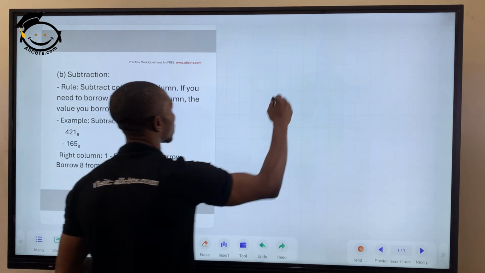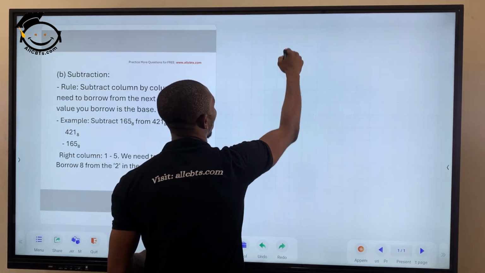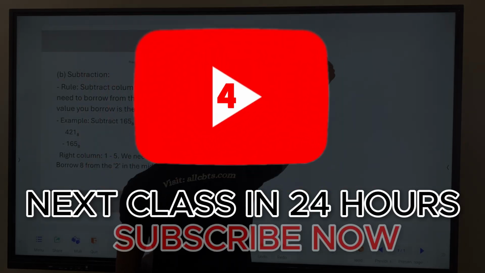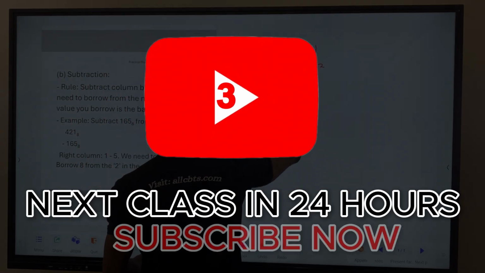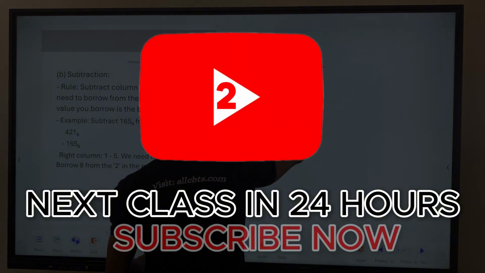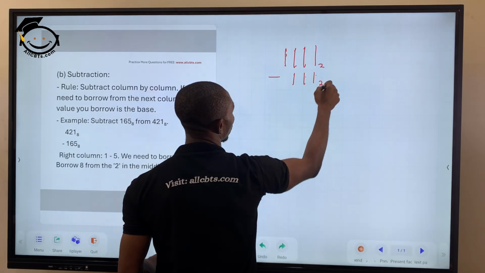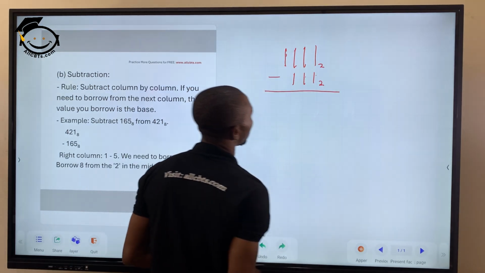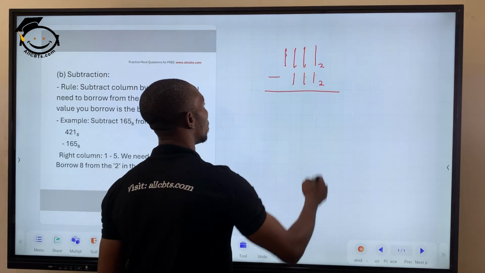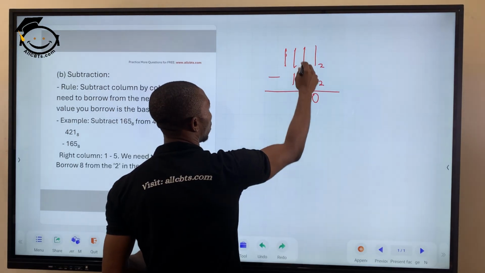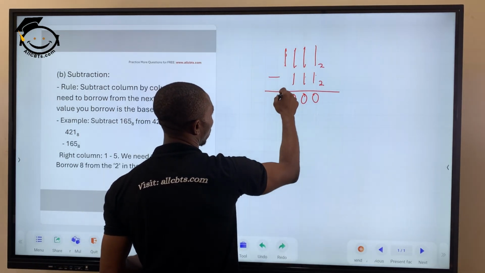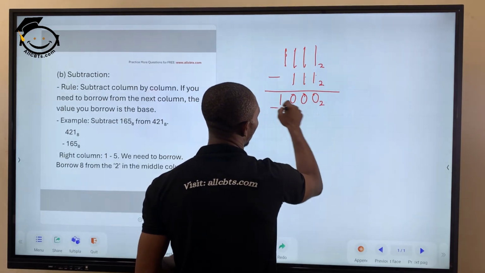Now, let's look at 1111 base 2 minus 111 base 2. 1 minus 1 is 0, 1 minus 1 is 0, 1 minus 1 is 0, 1 minus 0 is 1, base 2.